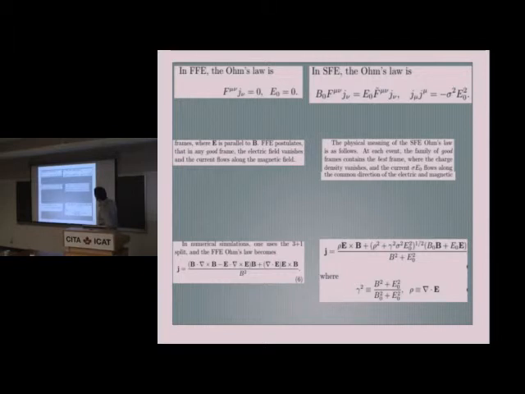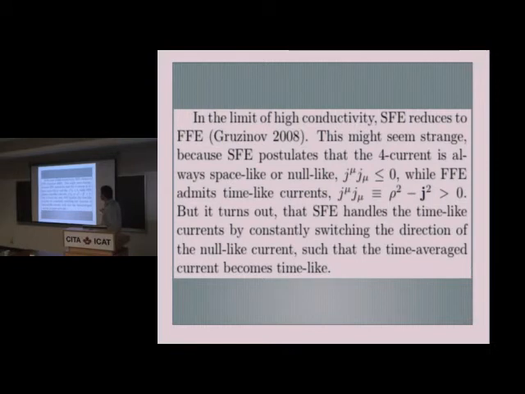It means that there is always more current than charge. But this seems to be wrong because force-free electrodynamics, in particular of pulsars, admits time-like currents where rho is greater than J. What about the closed magnetosphere, for example? Exactly, that's the point. In the closed magnetosphere there is rho which is greater than J, exactly.